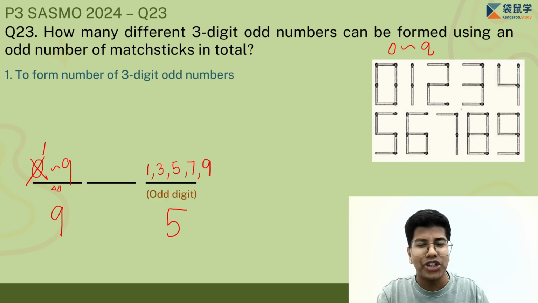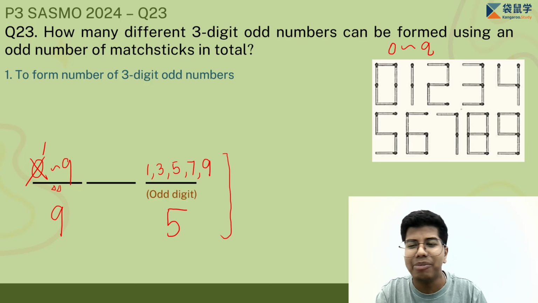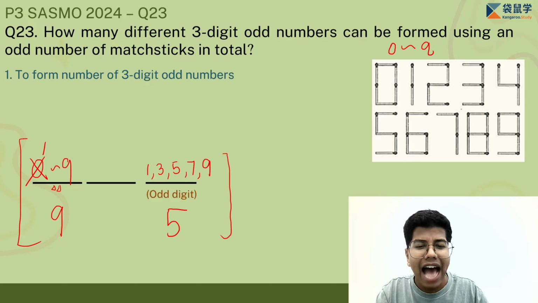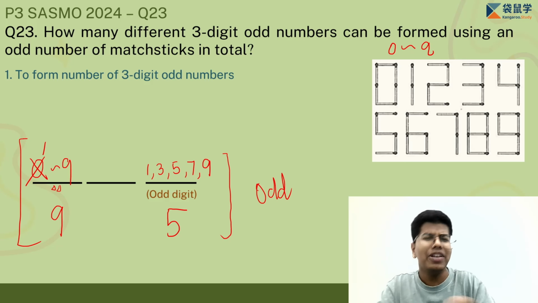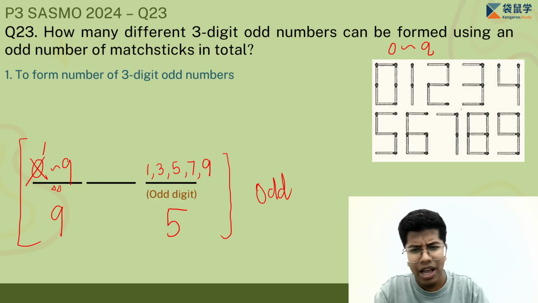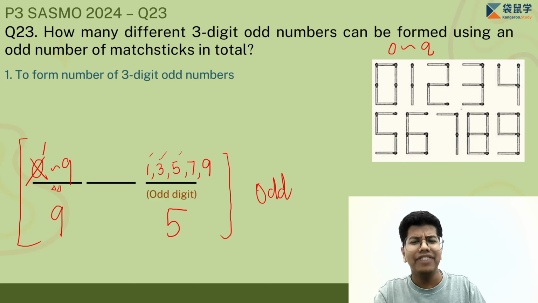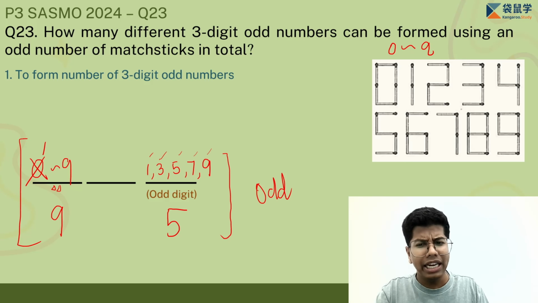Now we have to make sure that the total number of matchsticks that are present is odd. So this part has to be odd. But we can pay attention here for now. The number of matchsticks that I used here, the digits 1, 3, 5, 7, 9. You can pay attention to any of the digits. Let's say 1 and 3 here.